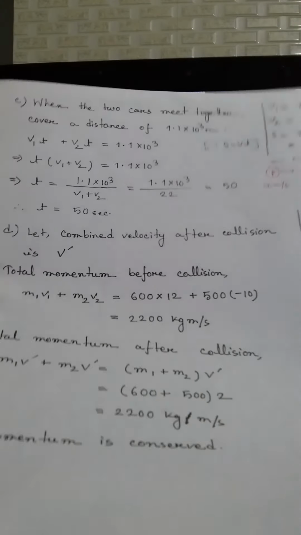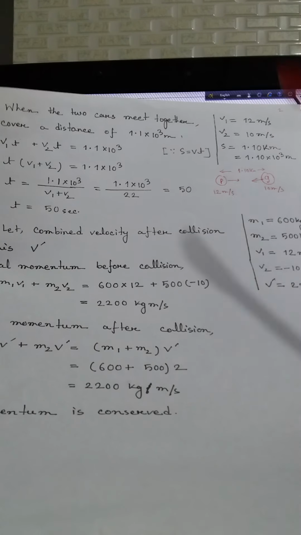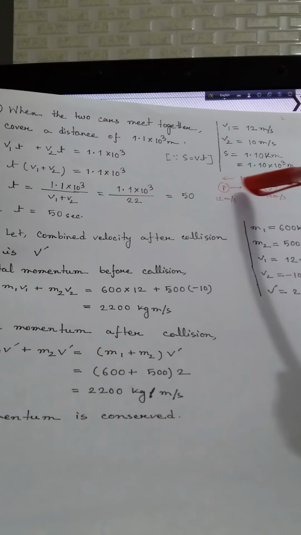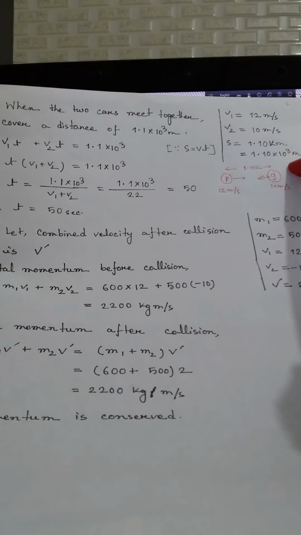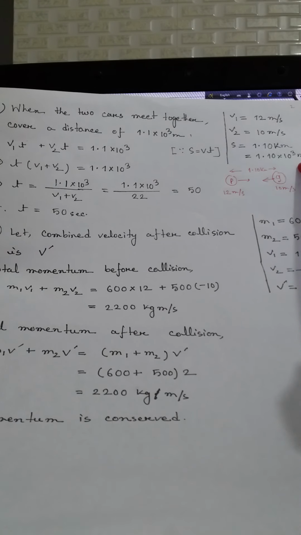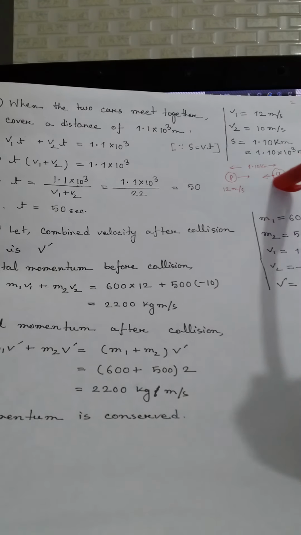When the two cars P and Q meet together, the distance between them is 1.10 kilometer. That means when they meet, they have to cover this distance of 1.10 kilometer. So at first we have to mention the values given in the stem, including their units, and then we start our math.